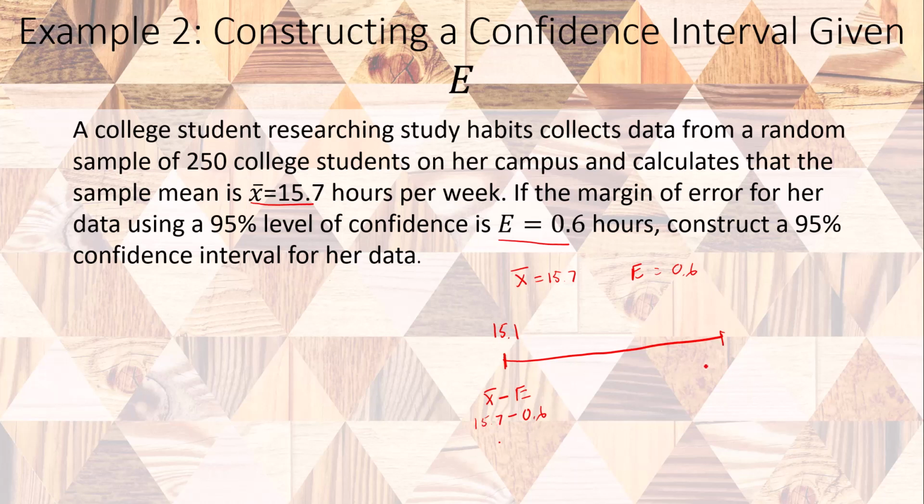And it's going to extend all the way up to x bar plus E, which is 15.7 plus 0.6, which will be 16.3. So if you know what E is, it's a snap.